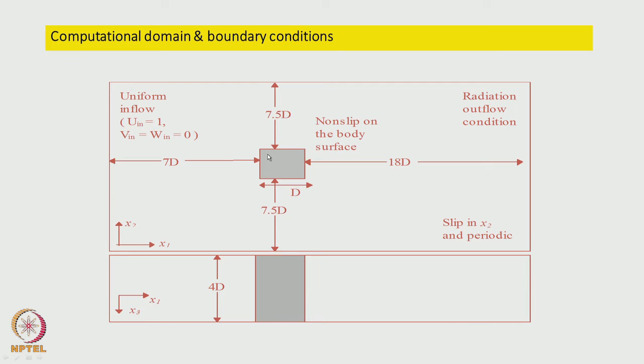Now, coming to the boundary condition on the surface of the geometry. For this problem, the geometry is fixed, it is not moving, hence we specify a no slip condition on all 4 surfaces as well as on the span wise.